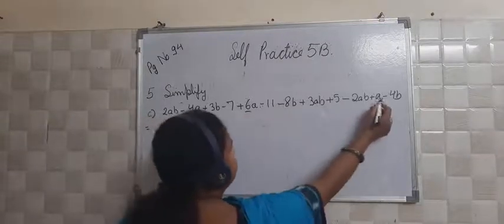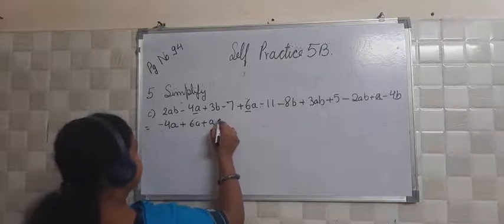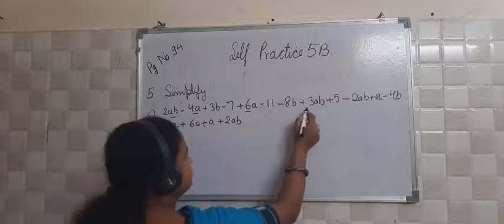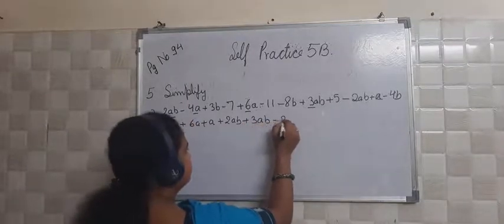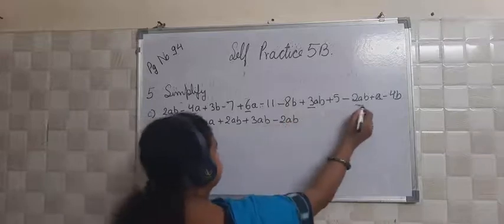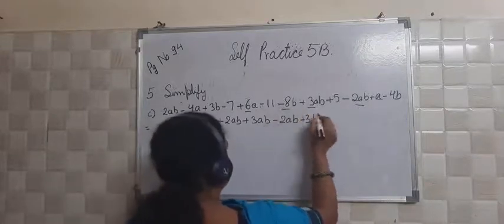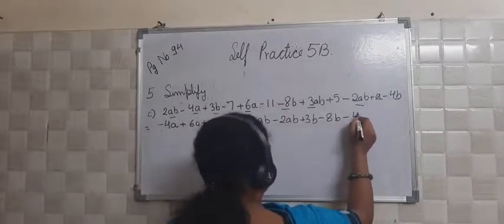And in place of A, what? Plus A. Then plus 2AB. Then plus 3AB minus 2AB. Then you take B: plus 3B minus 8B minus 4B.